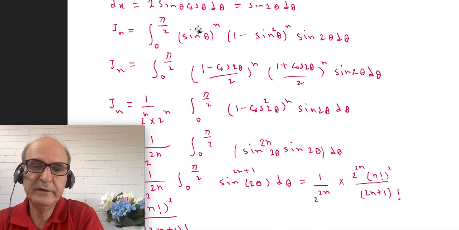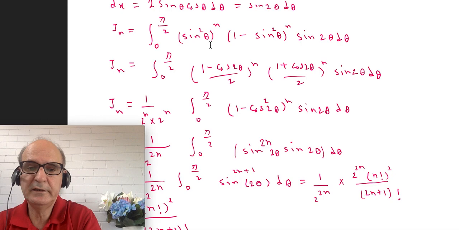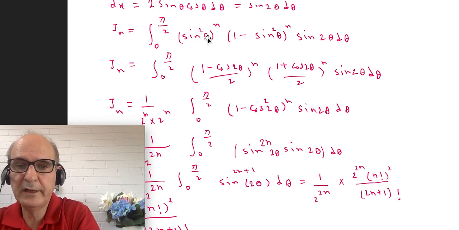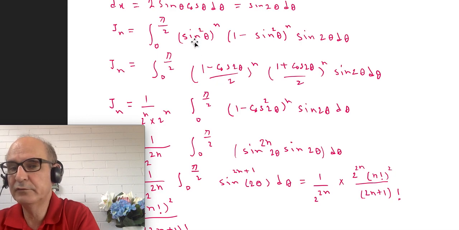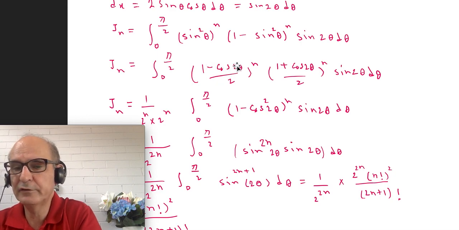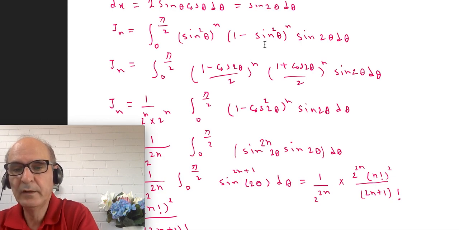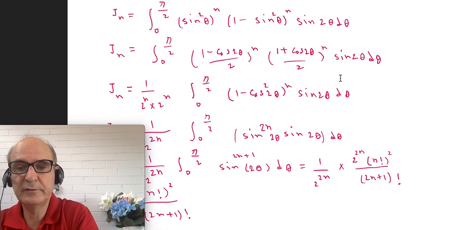Alright, now using the double angle, we replace this with its value. So sine squared theta is 1 minus cos 2 theta over 2 to the power of n. And that is cos squared theta again, and I'm replacing it with the double angle value of that. So it becomes 1 plus cos 2 theta over 2 to the power of n, sine 2 theta.